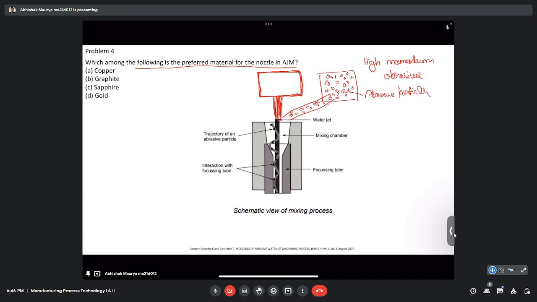What do you think will happen during the mixing? When these abrasive particles come into the high velocity water jet, what will happen?